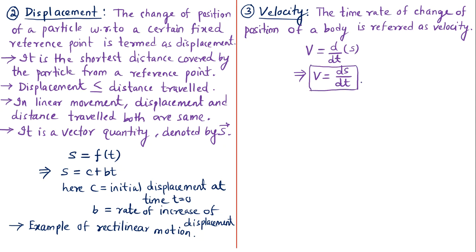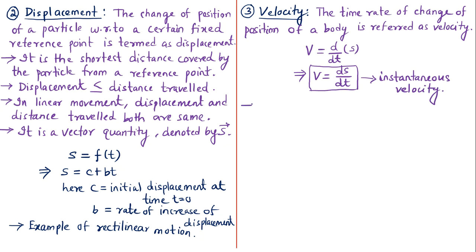So this is the formula for v, and this is referred to as instantaneous velocity. Okay.